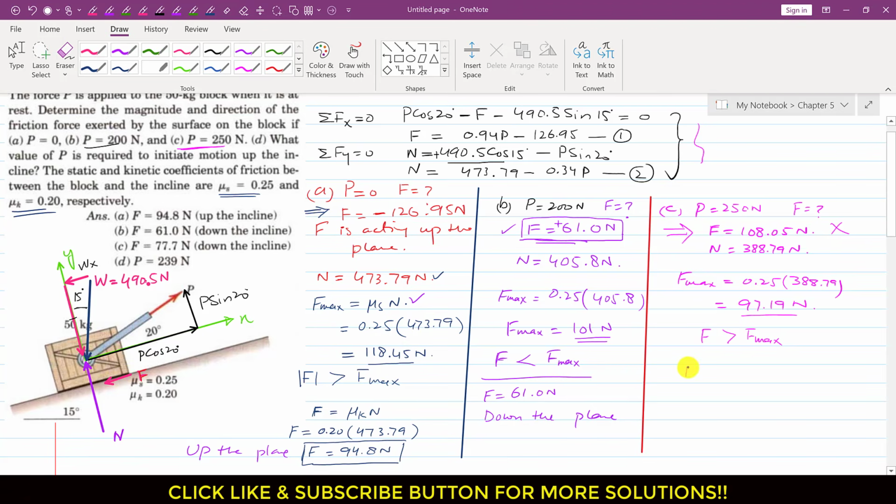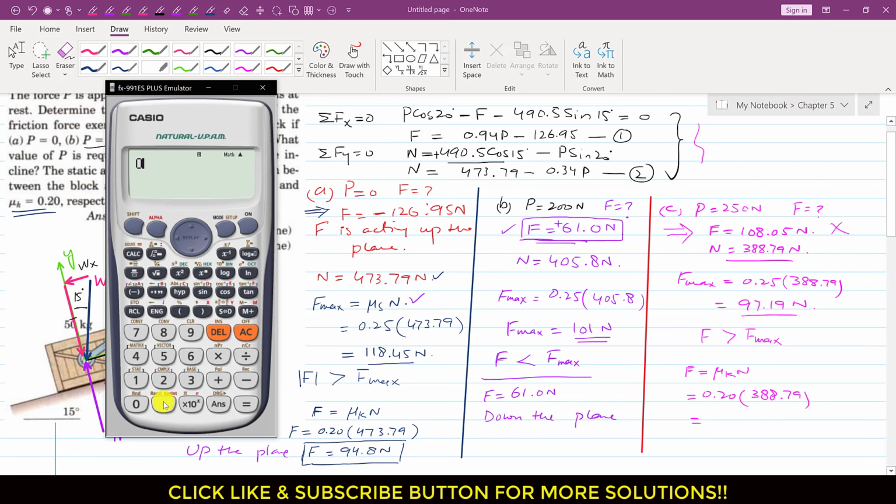So now we can find that magnitude since the crate is moving, by using the coefficient of kinetic friction. So this will be mu k N. So now mu k is 0.20 into N. So for this case, N is 388.79.